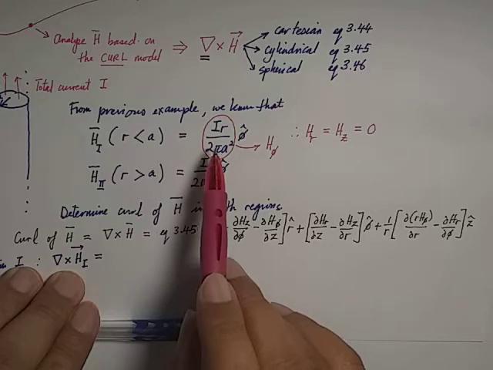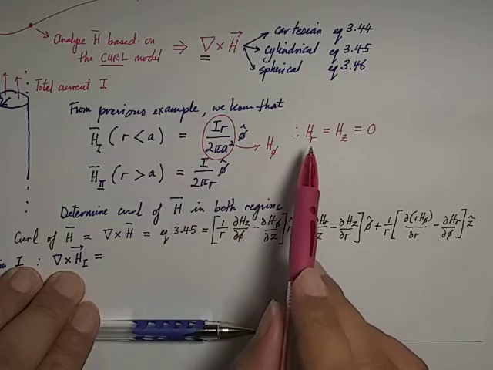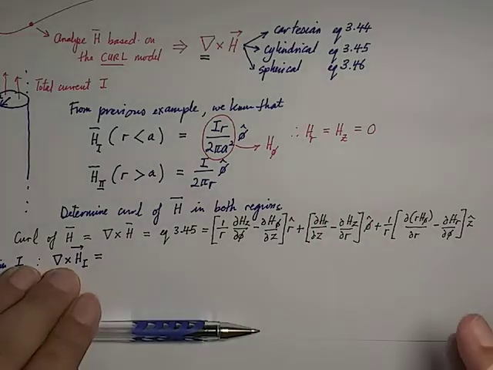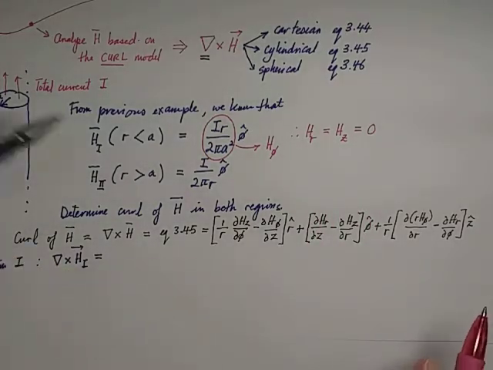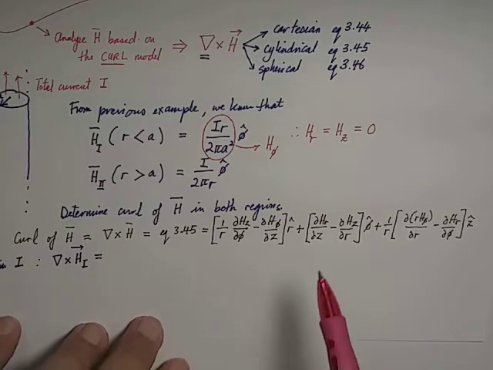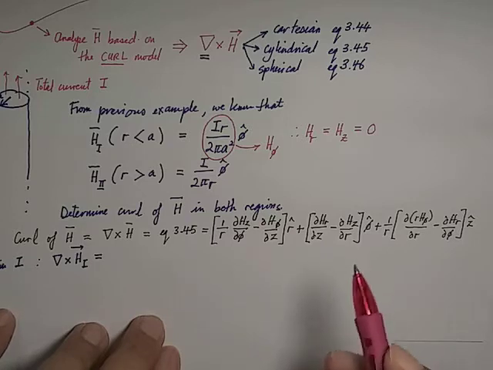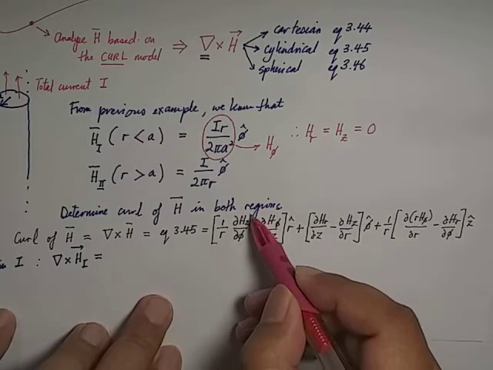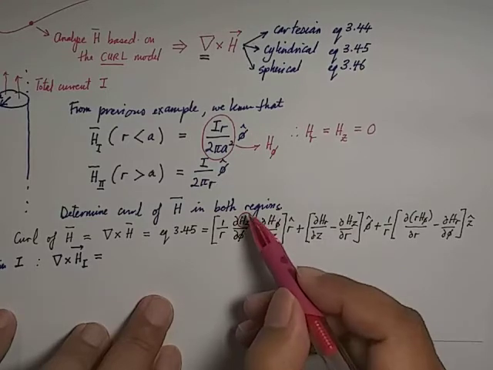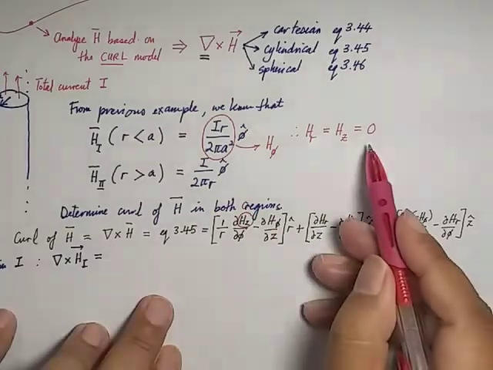So therefore we need to assume the r component of H as well as the z component of H will be equal to 0. So what you need to do, we have to refer to the equations and then substitute everything in the equation. Okay, let's see. This first term, Hz, should be equal to what? 0, correct?